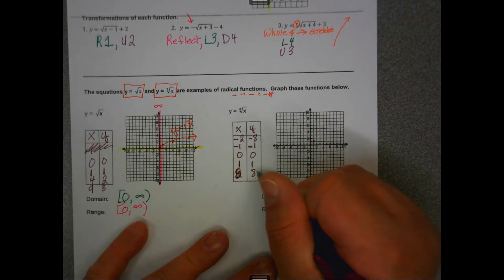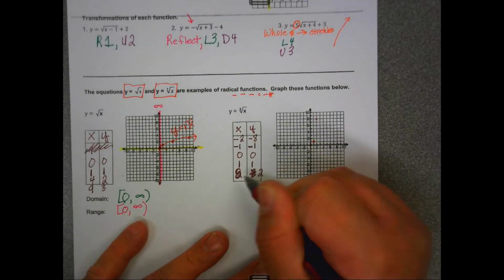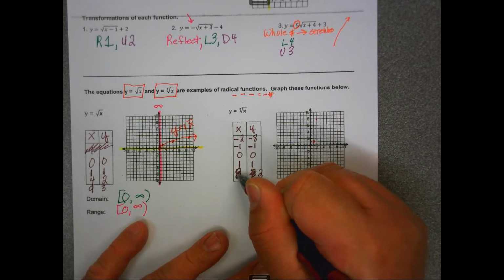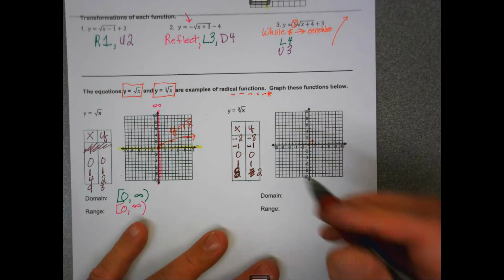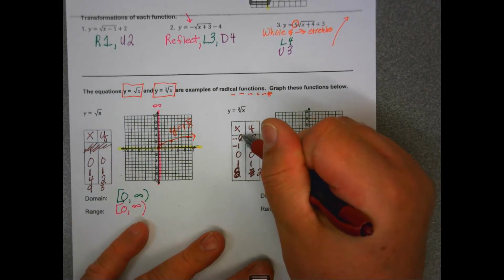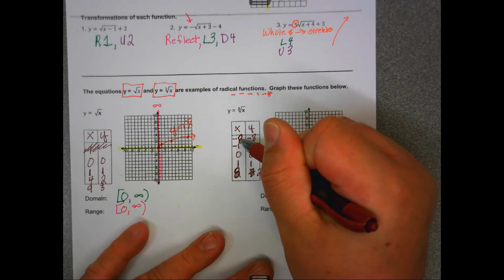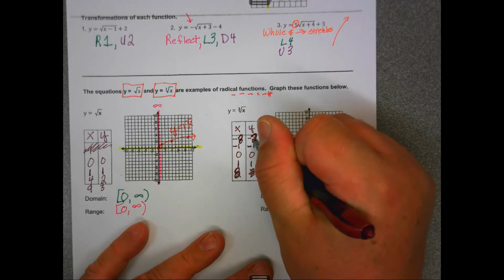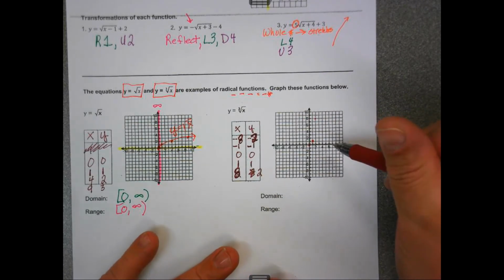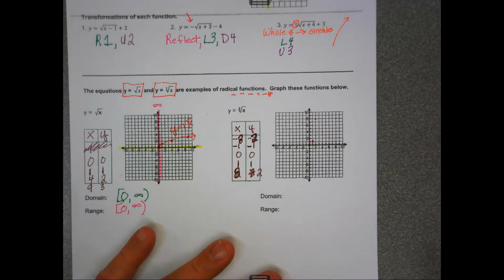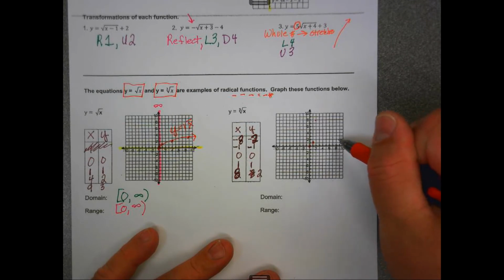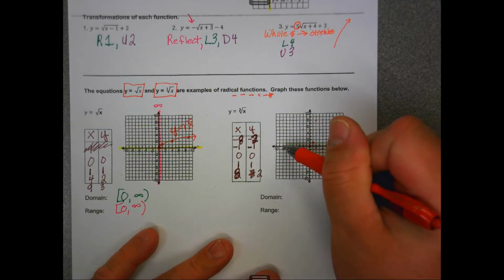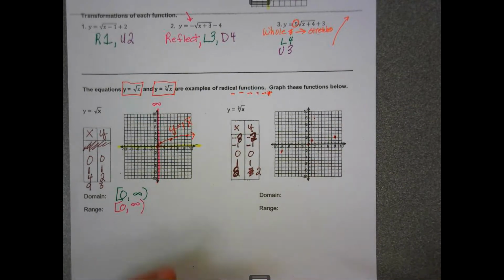The cube root of 8 is 2. Same with this. This should be negative 8 and negative 2. Okay, so 8, 2. Negative 8, negative 2. Yeah, that looks much better.